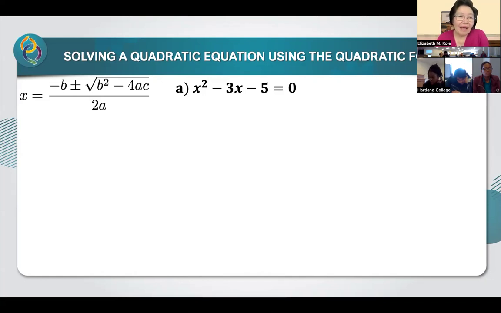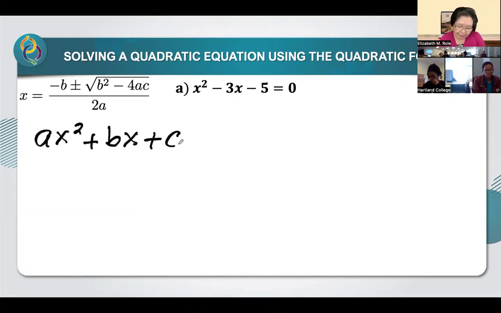All right. So the quadratic formula is minus b plus or minus the square root of b squared minus 4ac over 2a. And of course, we said that this came from the general form of a quadratic equation, which is ax squared plus bx plus c is equal to 0.